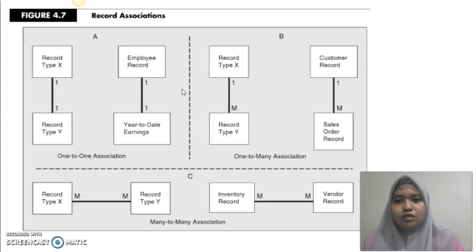This shows the one-to-one association, where employee record 1 and year-to-date earnings 1 have a one-to-one relationship.